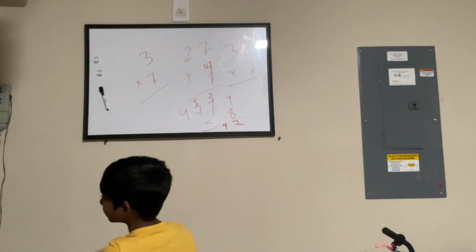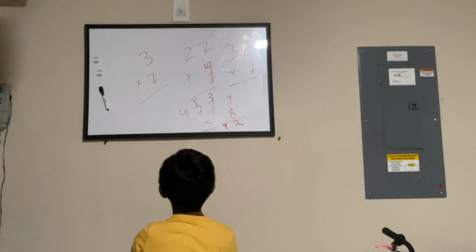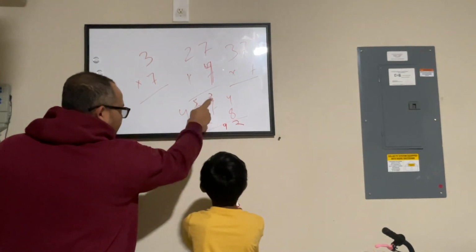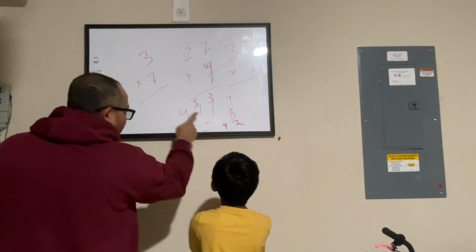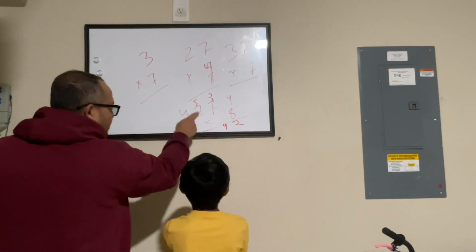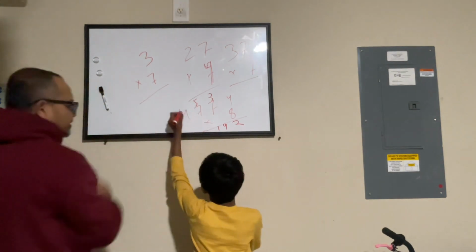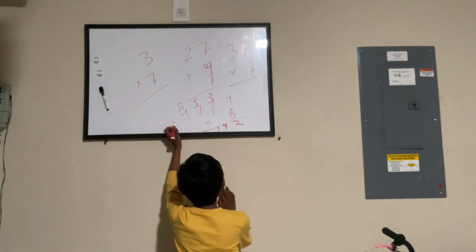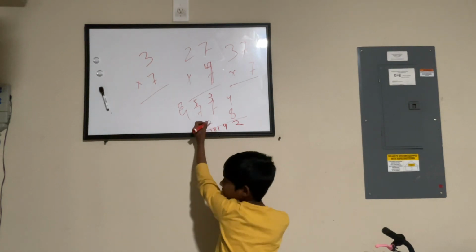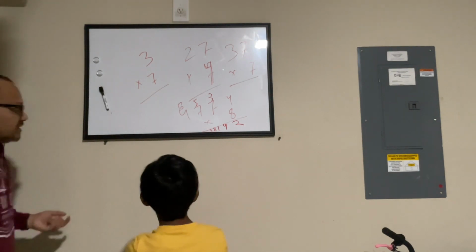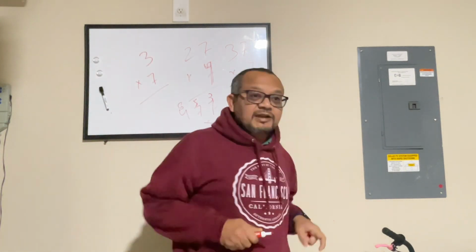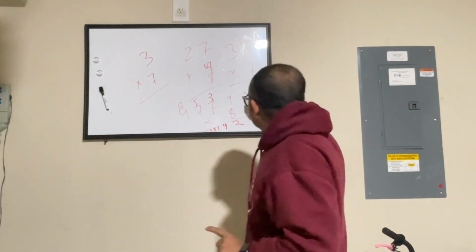What did you do here? 8 7s are 56. 6 plus 3, 59. What carry forward? 5. Now 8 7s are 56. 16. Yeah, done.